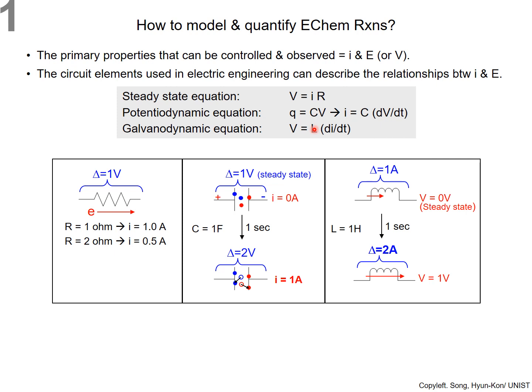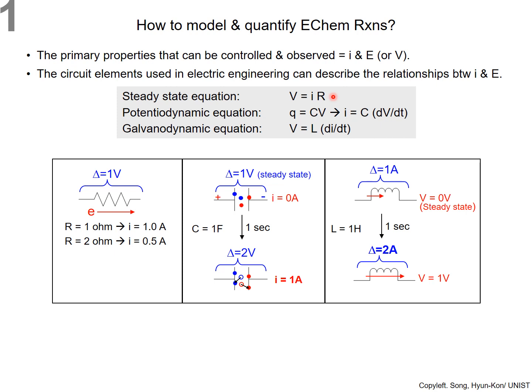Can you expect what kind of relationship between potential and current will be presented in the third equation? Maybe yes, because in the very first equation I said potential is just proportional to current. In the second equation, current is proportional to the first derivative of potential with respect to time.